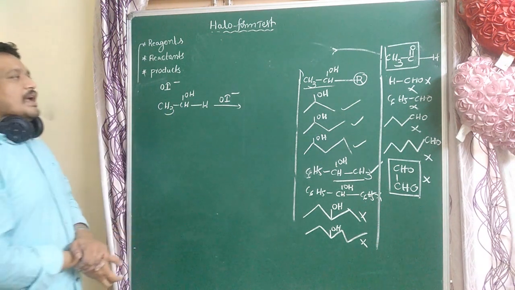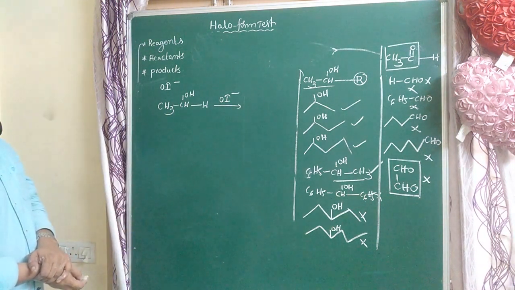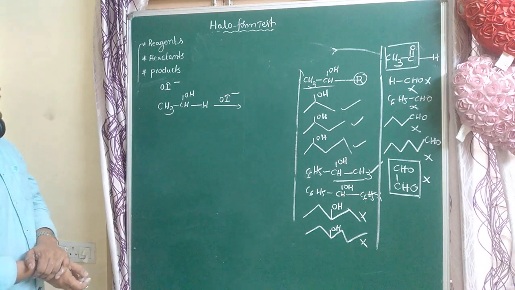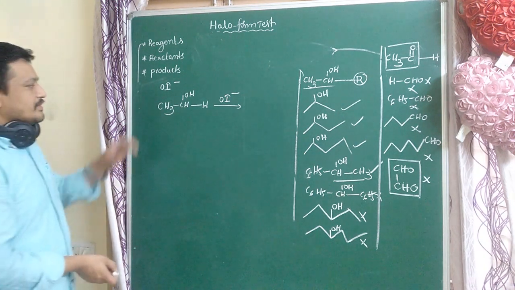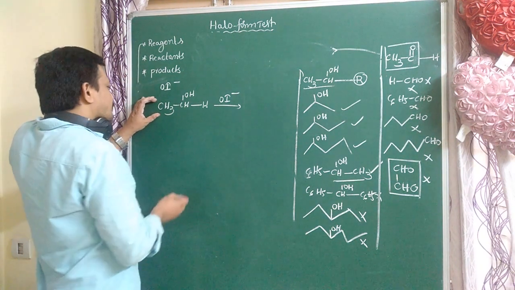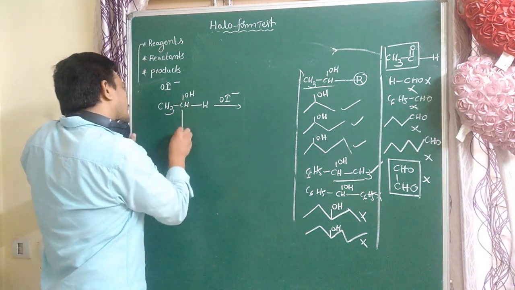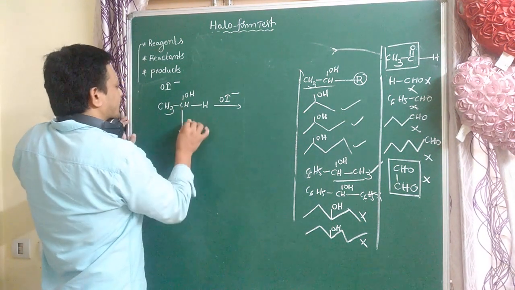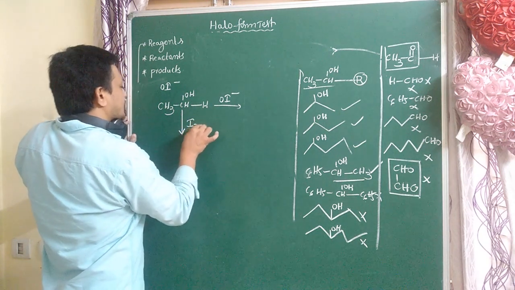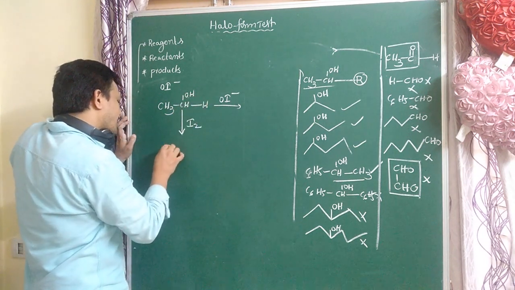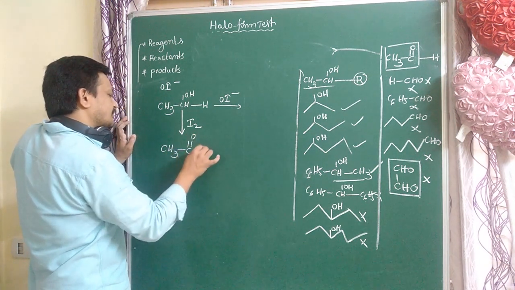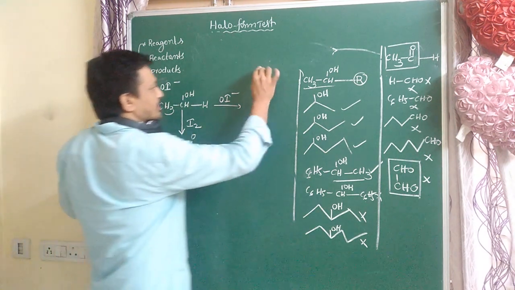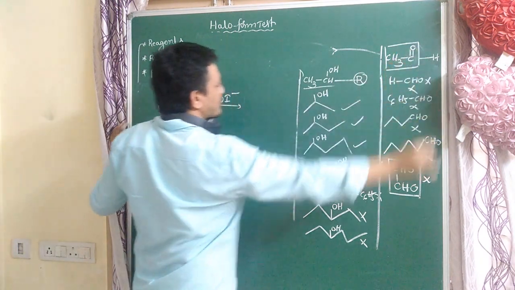First, the alcohol reacts with the halogen and is converted to aldehyde, acetaldehyde.